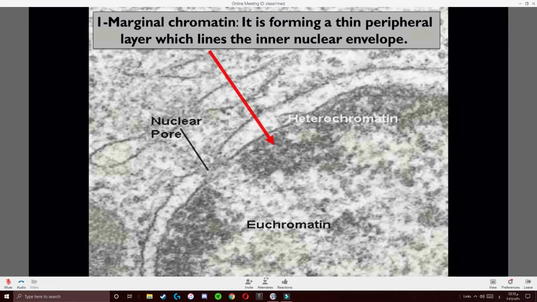Marginal chromatin forms a thin peripheral layer which lines the inner nuclear envelope. أول نوع من الهيتروكروماتين اللي سميناه marginal chromatin اللي يظهر بشكل طبقة رقيقة جدا طرفية دائما تكون بمحاذاة الانر nuclear envelope.